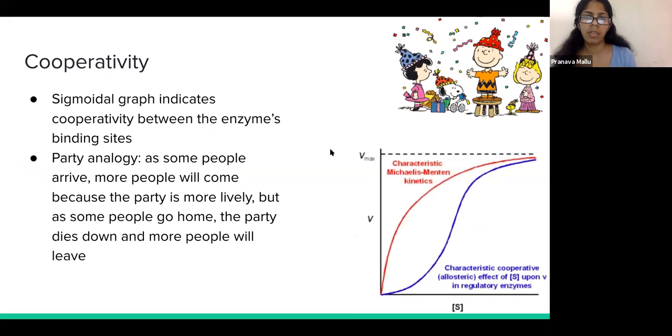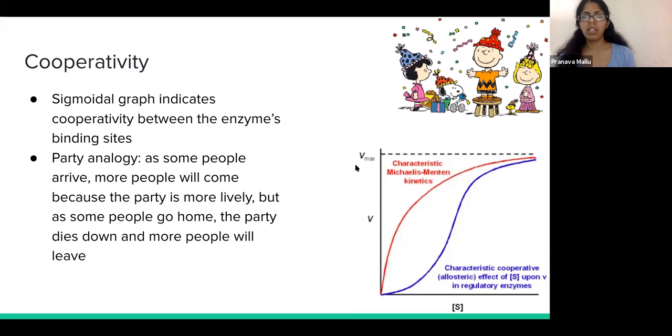Okay, and the last topic that we have is cooperativity. Cooperativity is something that happens in enzymes that have more than one subunit. You might all know that hemoglobin is one of those proteins that has multiple subunits. What happens is that when the substrate binds to the very first subunit, that subunit changes its shape, which changes the shape of the adjacent subunit.